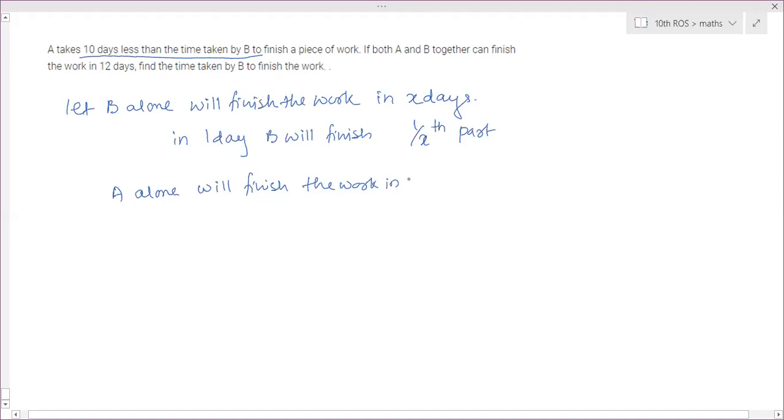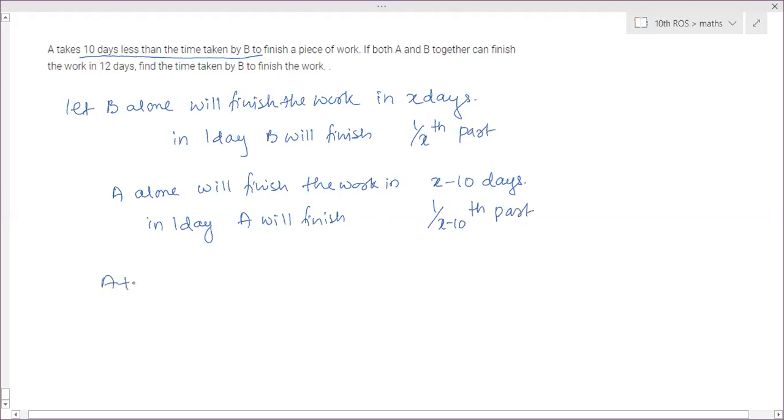So A takes x minus 10 days. So in 1 day, A will finish how much part of the work? 1 by x minus 10th part of the work is done.